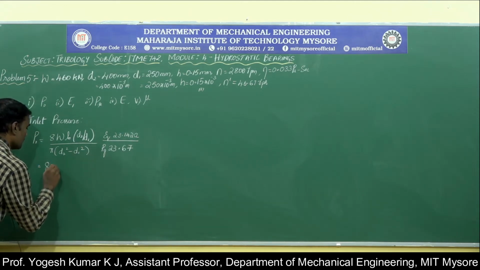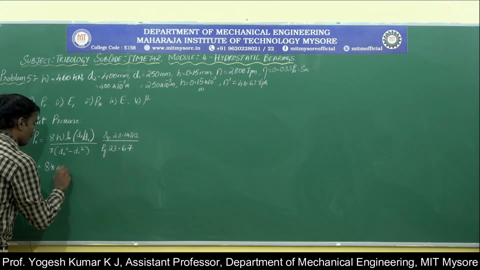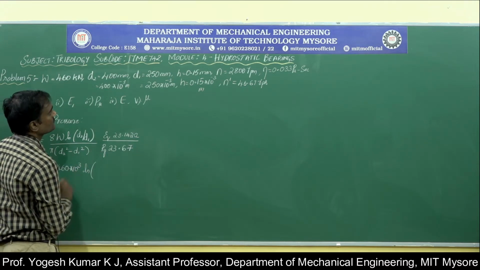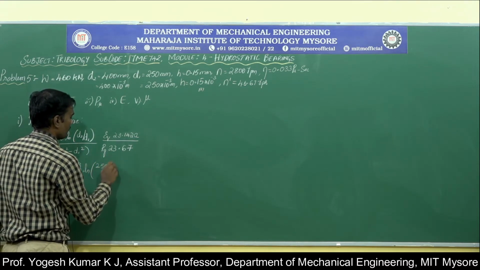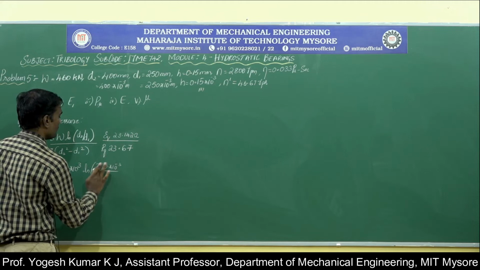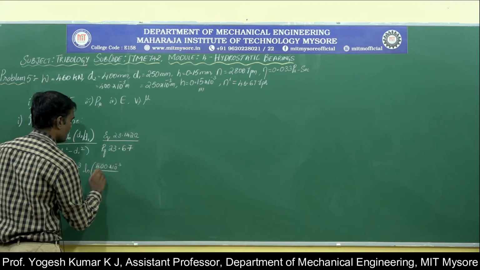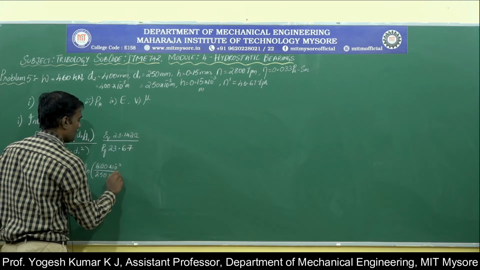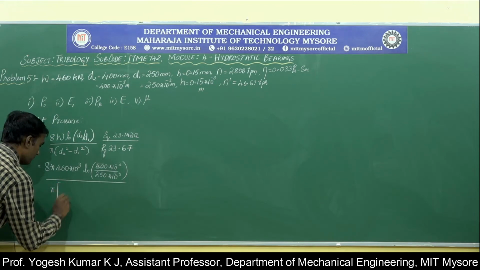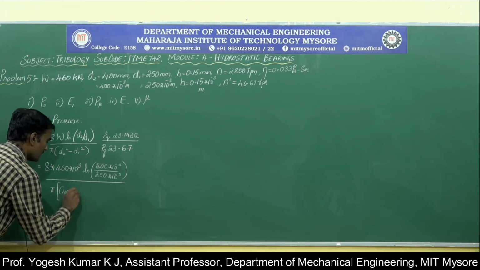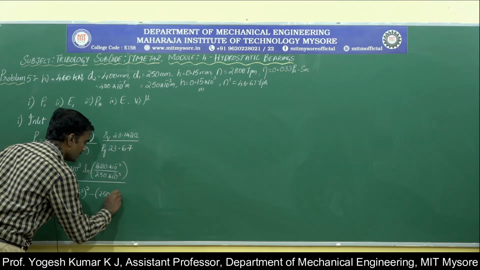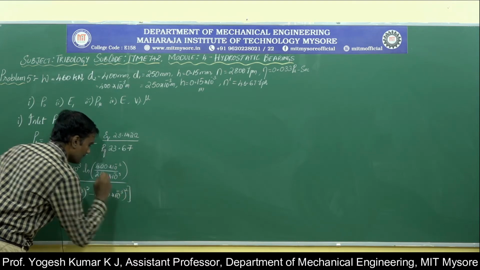What we have is just the substitution: 8 into 460 into 10 power 3, natural log of 400 into 10 power minus 3 divided by 250 into 10 power minus 3, whole thing divided by pi times 400 into 10 power minus 3 square minus 250 into 10 power minus 3 square.